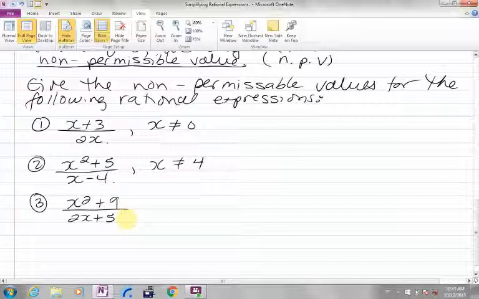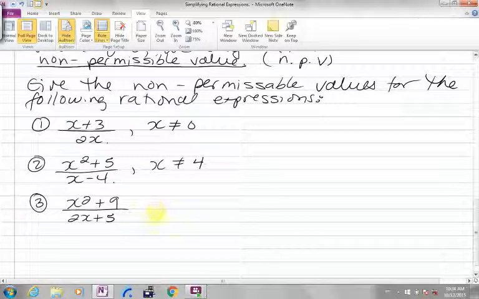What value of x would make that denominator equal to 0? Skylar, say that again. 2.5?